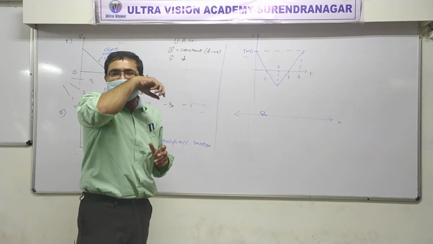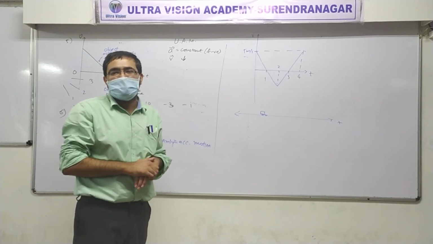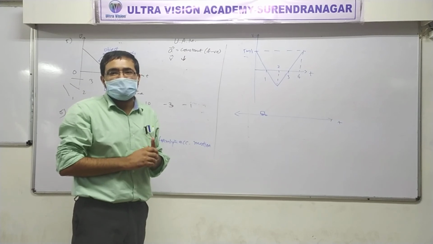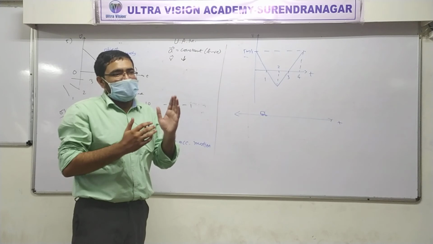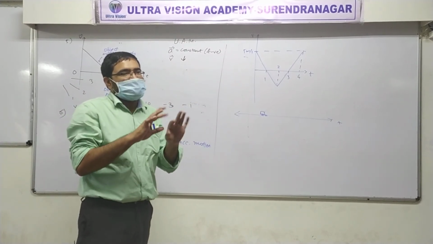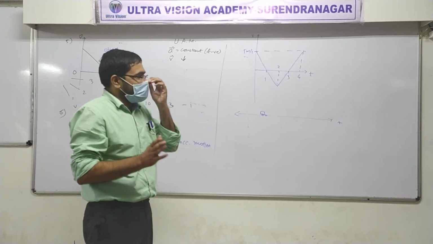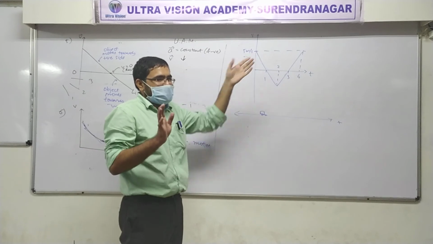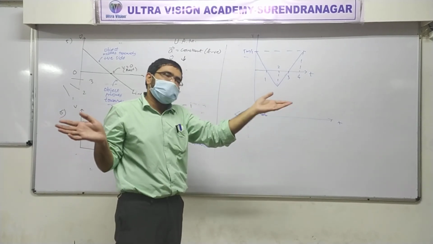Velocity is positive, but at the same time acceleration is negative, so it would be retardation. Retardation is when velocity and acceleration are in opposite directions. It has nothing to do with positive or negative. Just the two should be opposite. So here velocity is in one direction, acceleration is opposite. It's retardation.